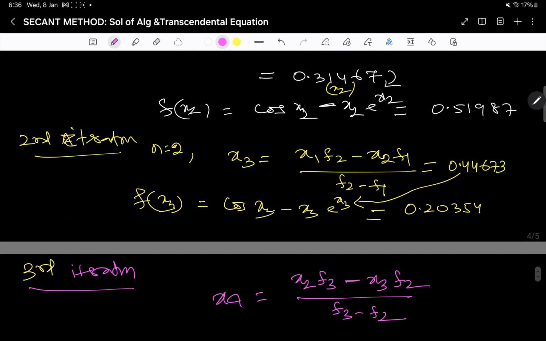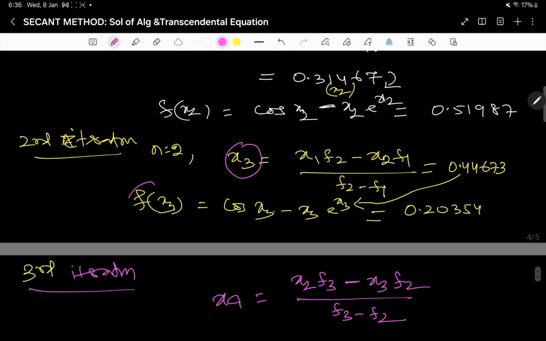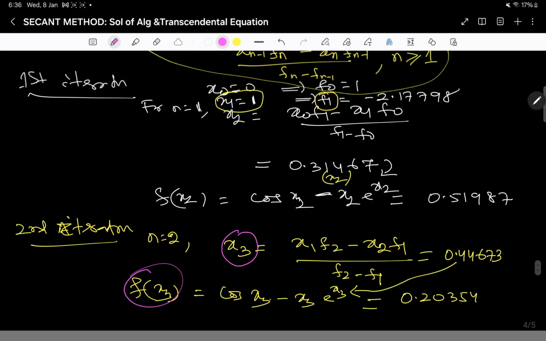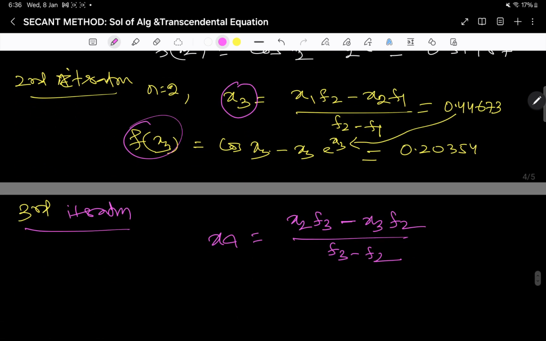As usual this is my x3, this is my f3, and this is my x2 and f of x2. So you substitute all these things here.